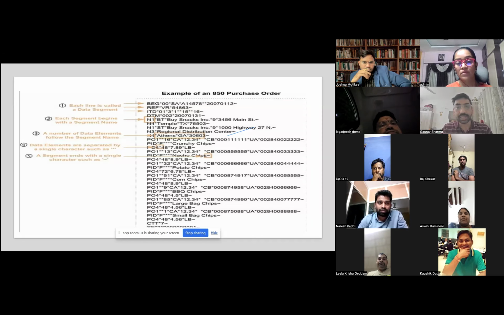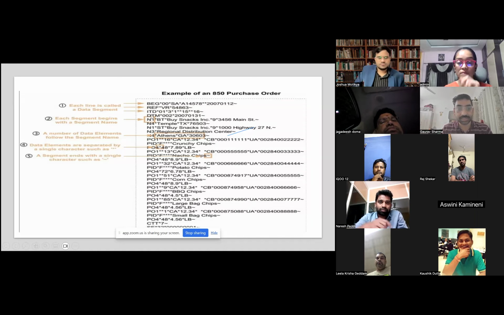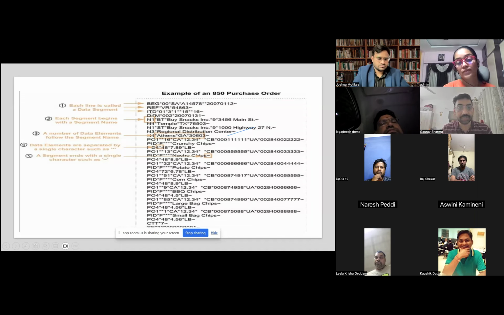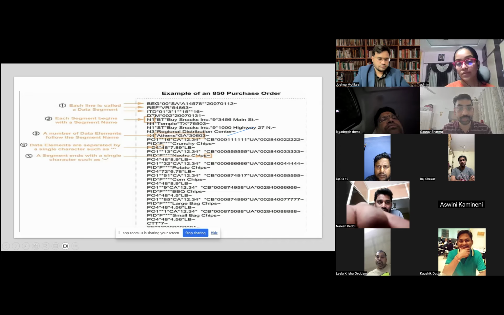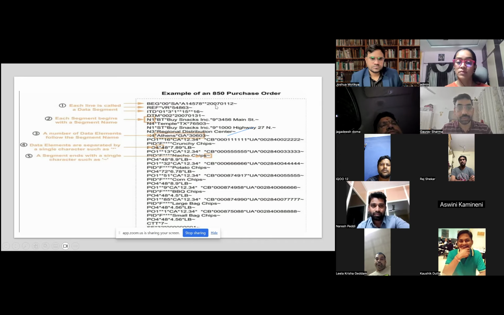So I'm taking a simple example of a purchase order file. Here you can see each line is denoted with a segment. It has a segment name. So it starts with BEG, REF, ITD. These are the names of the segments. The name of the segment is the first part of it. And we have data elements within one particular segment. So we have 1, 2, 3, 4 data elements.